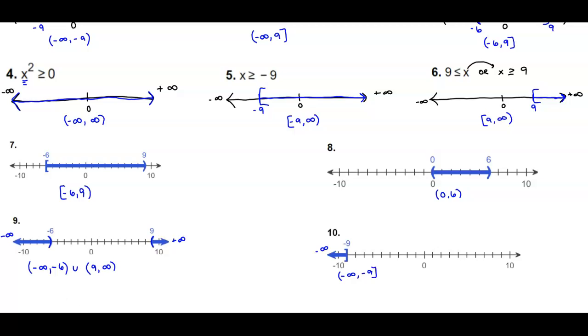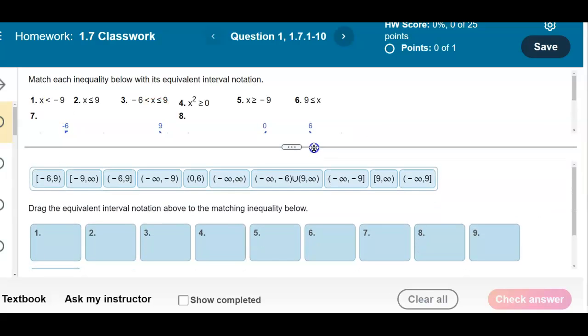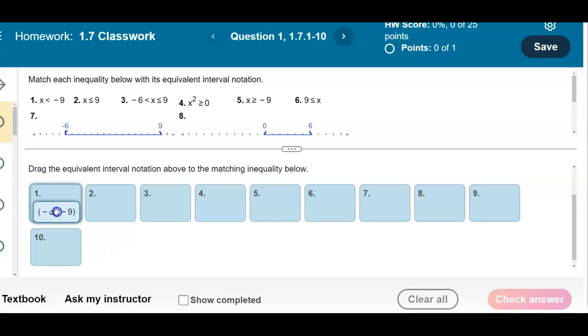So let's go ahead and then answer our questions. All right, so let's go ahead and match this. The first one we know is parentheses -infinity to parentheses -9. That's the first one.